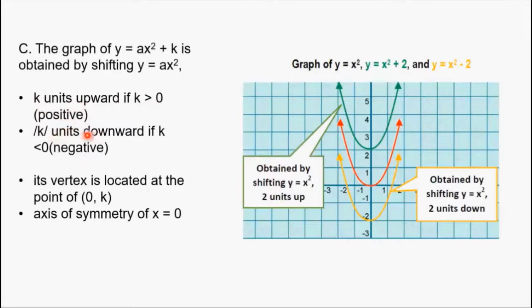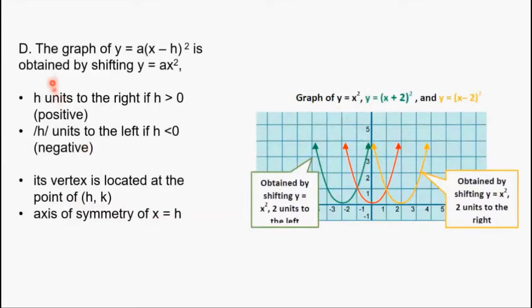Mag-shift naman siya or mag-move downward if our k is less than 0 or negative. Take note that in the graph of y is equal to ax squared plus k, its vertex is located at point of 0, k and its axis of symmetry is at x is equal to 0.